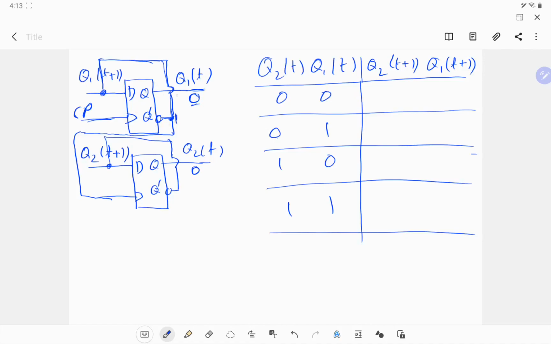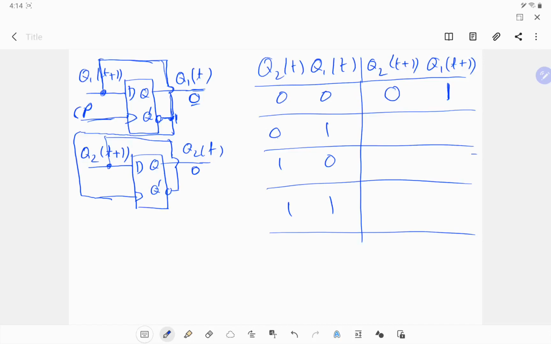So the output of the first flip-flop changes to 1. Then the clock pulse for the second flip-flop changes from 1 to 0, so it doesn't get triggered, and the second flip-flop doesn't change.